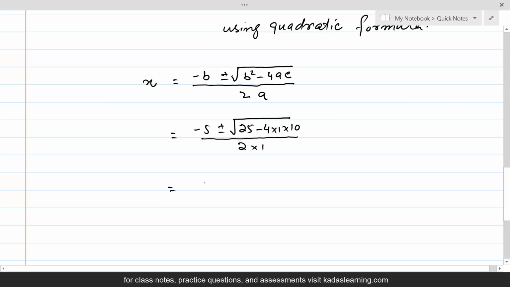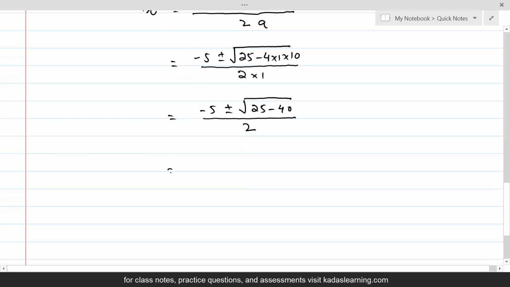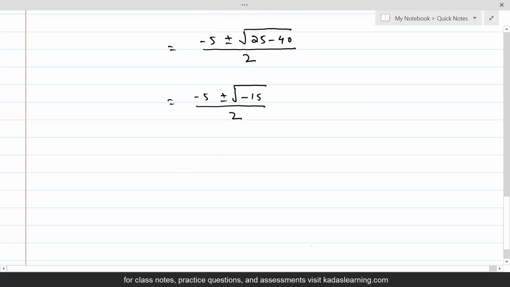This gives us minus 5 plus minus square root of 25 minus 40, divided by 2, and the result would be minus 5 plus minus square root of minus 15, divided by 2.